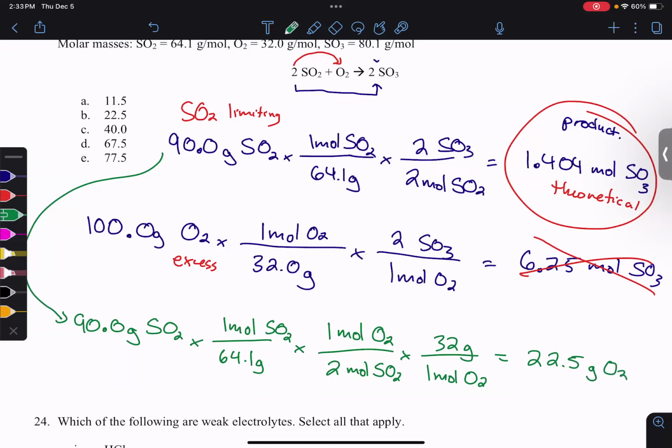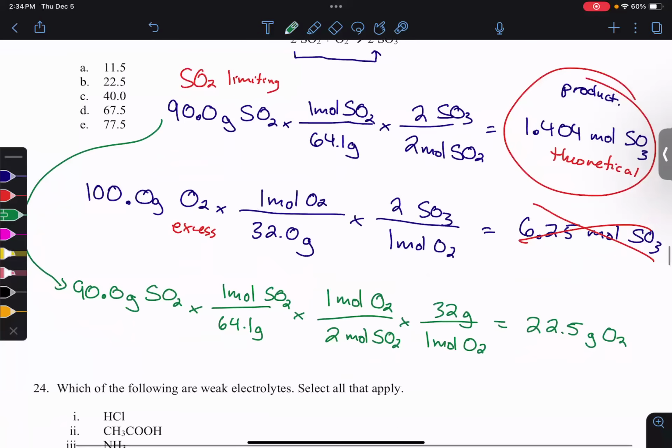Is that my answer? No. That is telling me if 90 grams of SO2 reacts, I also consume 22.5 grams of O2. So to get my actual answer, it's 100 minus that number. 100 is how much O2 we started with. And so yeah, our answer is 77.5.